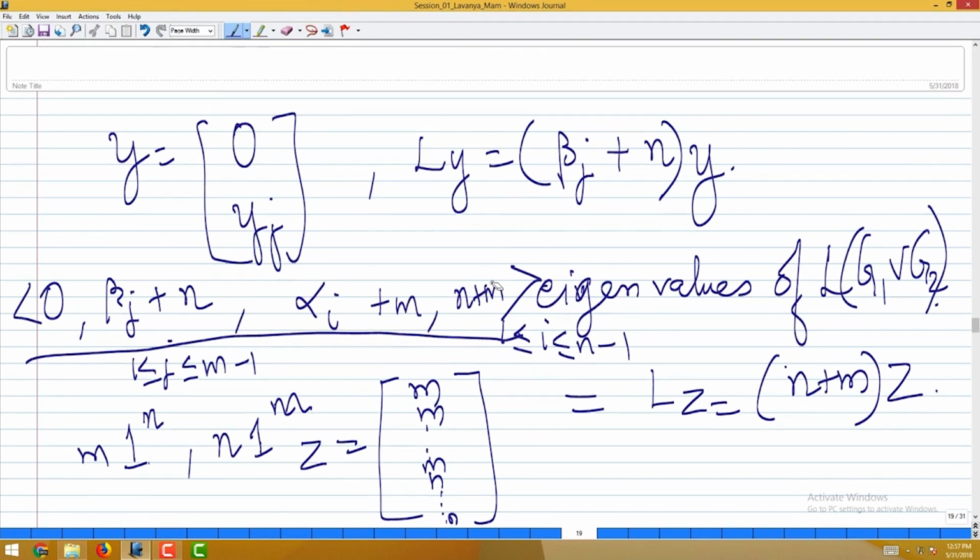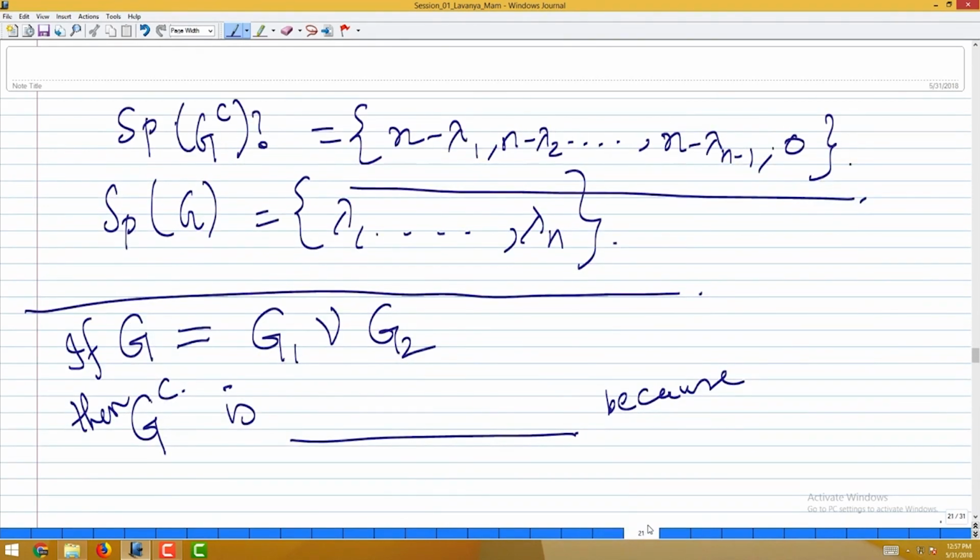If I go into the complement, every positive eigenvalue becomes n minus that eigenvalue for the complement. So, if I have n as an eigenvalue in G1 join G2, then n minus n would be 0, and I also have another 0 eigenvalue sitting there. So, there are at least two 0 eigenvalues.